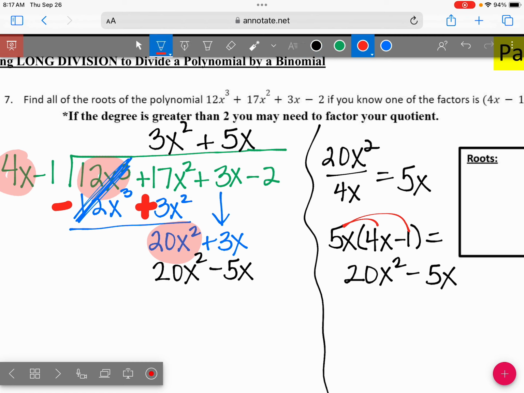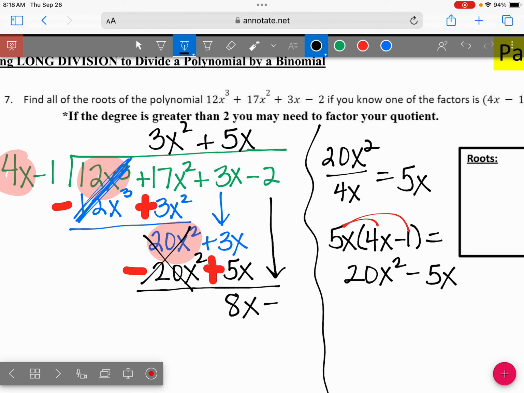Do a change. So when I slide that over, the positive 20 changes to a negative, and the negative 5 becomes a positive. 20 minus 20 is 0, so that goes away. And now we're going to add 3 plus 5. We get 8x. And we're going to do that rotation one last time.